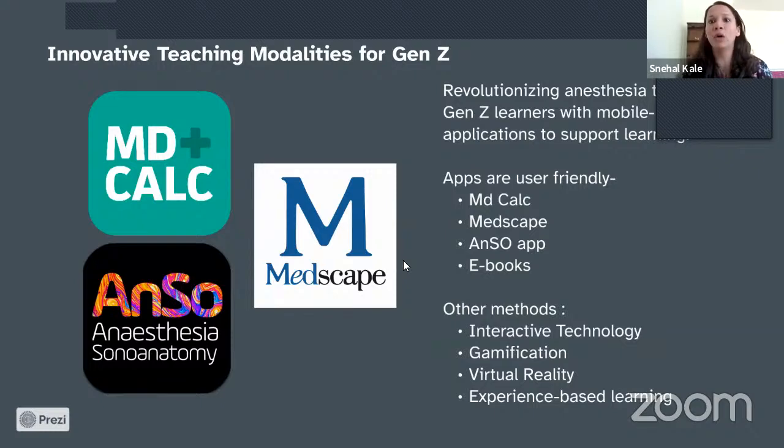So even when I have to find out the Apfel score for a patient to calculate post-op nausea and vomiting, all of these are readily available over here. In fact, I have a few favorites because I end up using them quite a lot. So whether it is the Duke Activity Status Index or the Revised Cardiac Risk Index, which we often do in our preoperative assessment. And now with a lot of medico-legal issues propping up, it's really important that you perform risk stratification of all your patients beforehand.